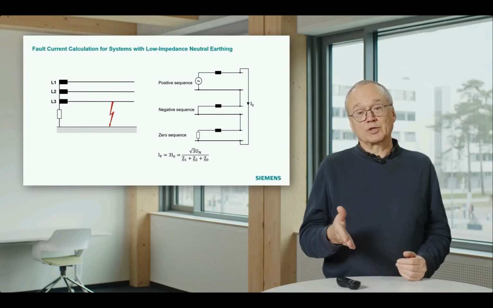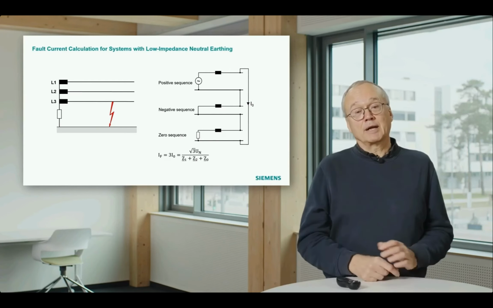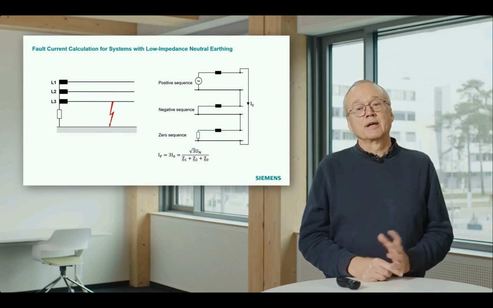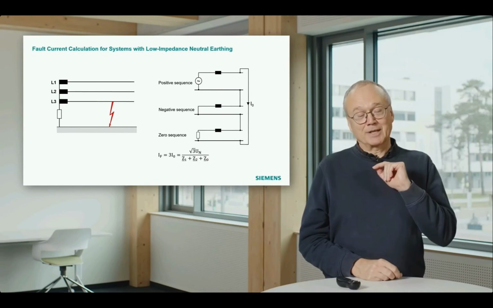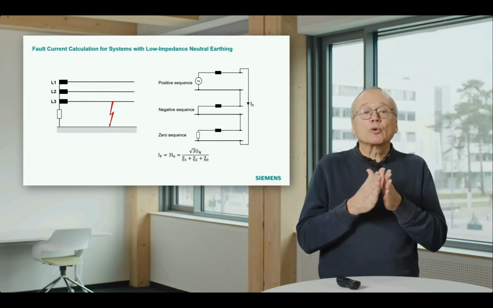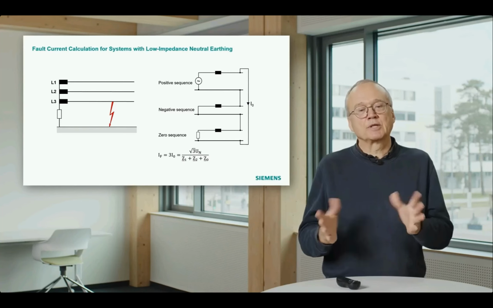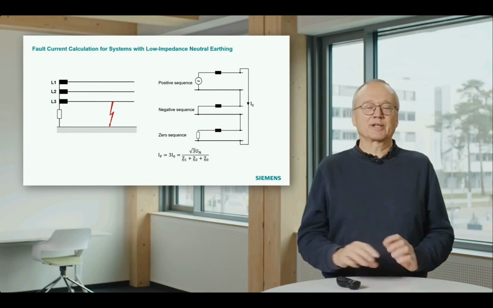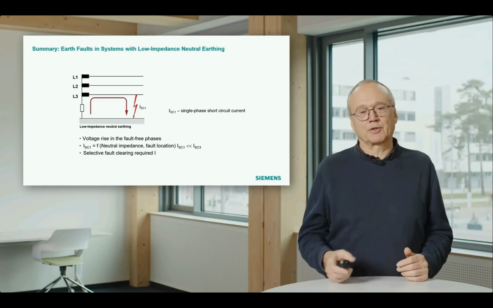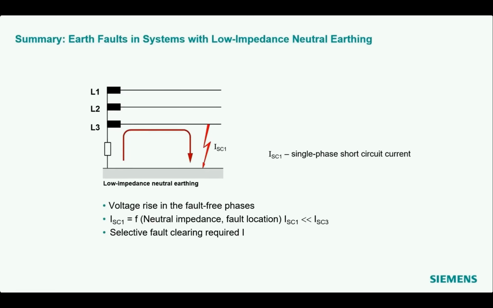If I is 2000 amps, I square is 4 million, multiplied by 6, you are above 20 megawatt of power in that resistor, but of course only for a short time, because then the fault is tripped. That means the resistor is not really a small thing, it's a bigger thing. That's a summary for these earth faults in systems with an impedance.